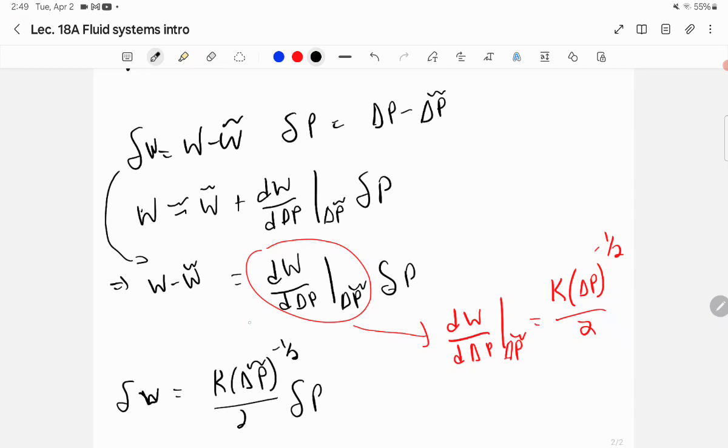And we're going to note that delta p tilde is a value, not a variable.